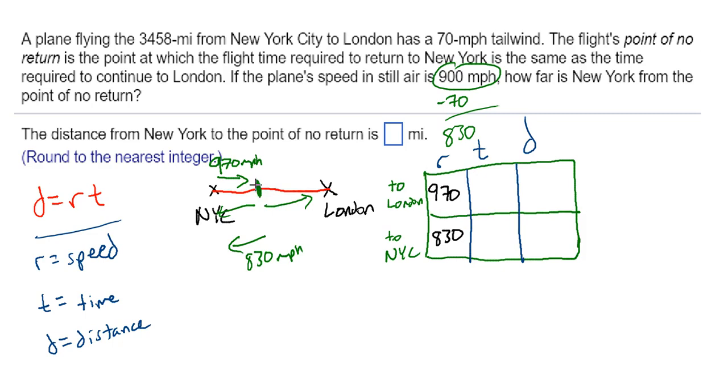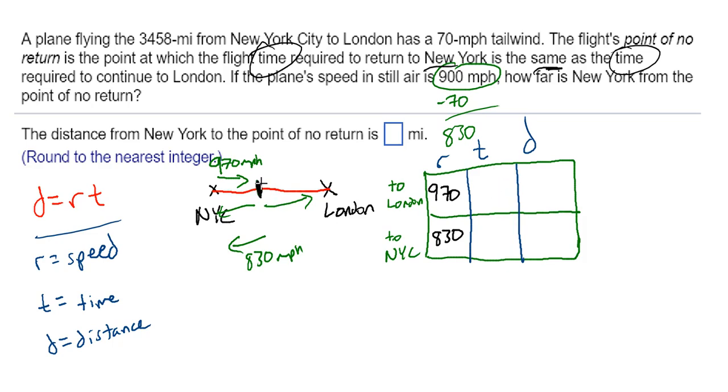At this point of no return that we're talking about, the whole definition of it is the time required to return to New York is the same as the time required to continue to London. So here we don't need to use 2 different variables, x and y, because it's the same time.